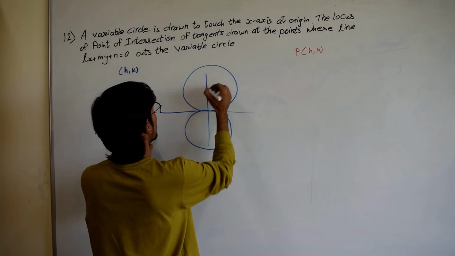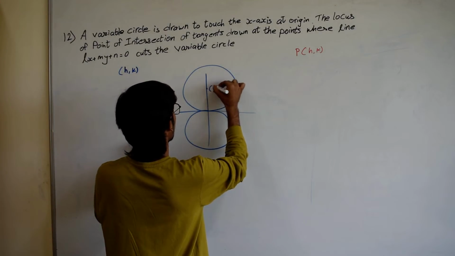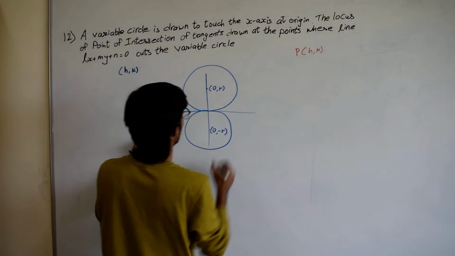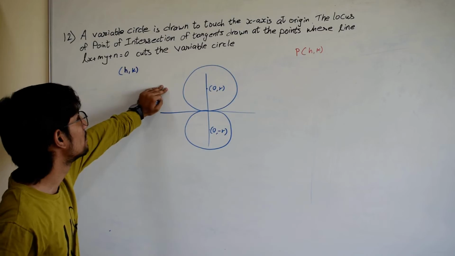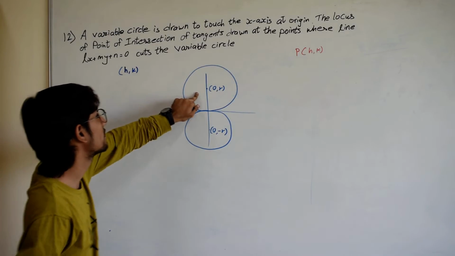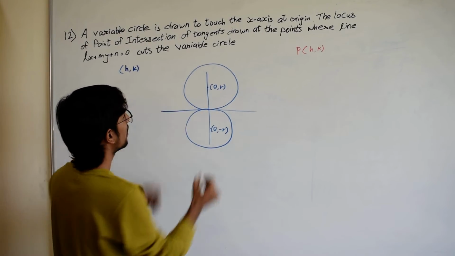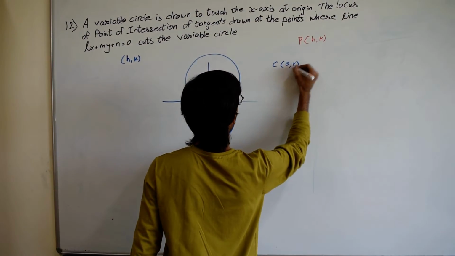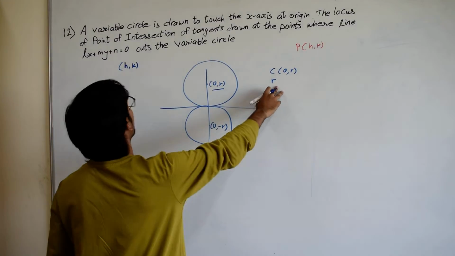If the radius is r, the center could be 0, r or 0, minus r. It doesn't matter where we assume the circle to be. So let us assume this is the circle with radius r. So we have the center 0, r and the radius is r.